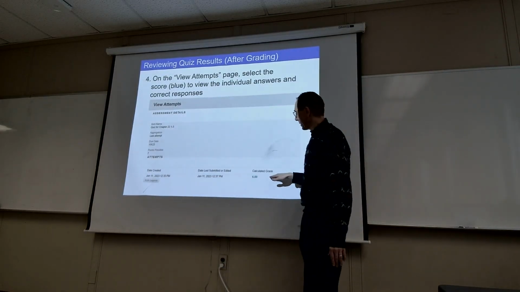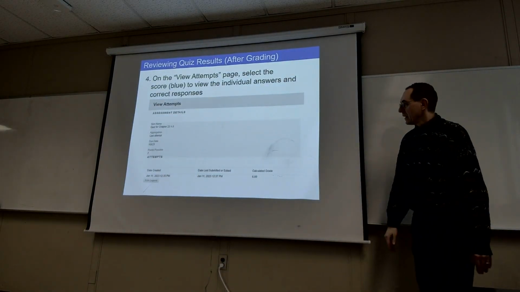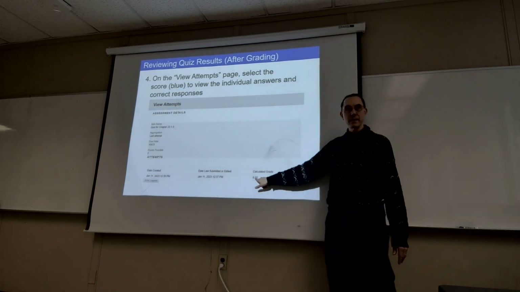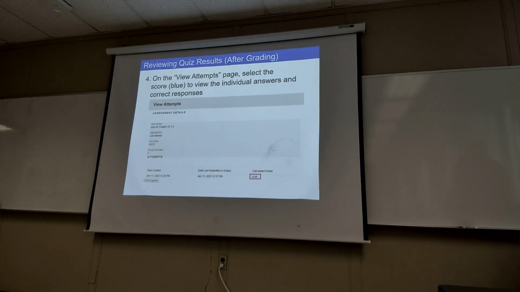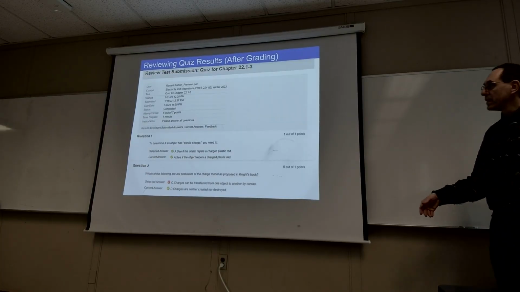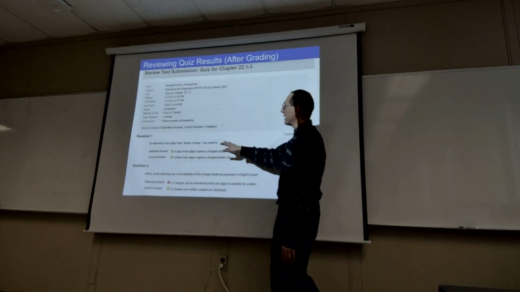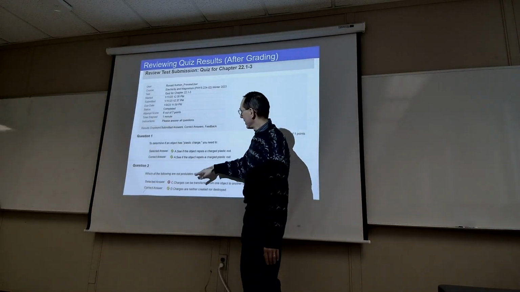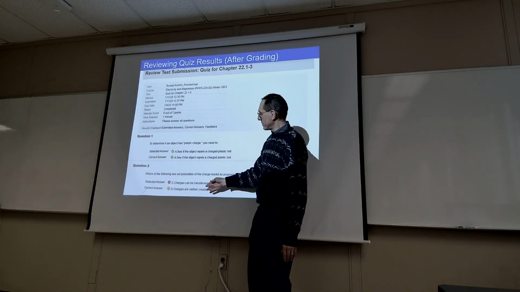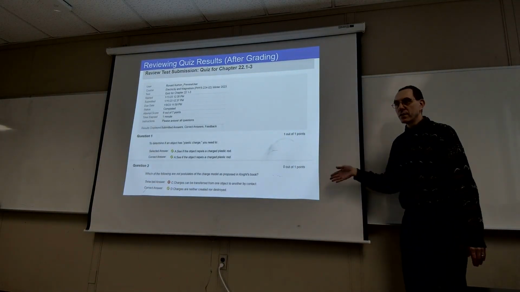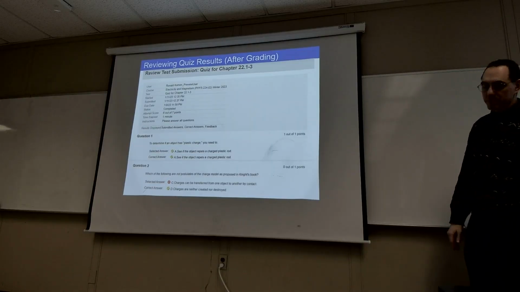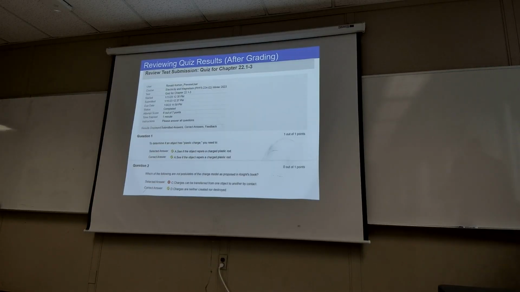In this case, there's only one attempt, but if you had more than one attempt, it would be listed there. You'll see the grade is highlighted in blue. You click on that, right there, and that will take you to the actual quiz results. In this case, the student got 6 out of 7 points, and this one was correct, but this one was wrong. It tells you what the correct answer is. So if you haven't done that before and just want to know how to do it in Blackboard, that's how you do it. If you have any questions or problems with that, let me know. But that should be how you get access.